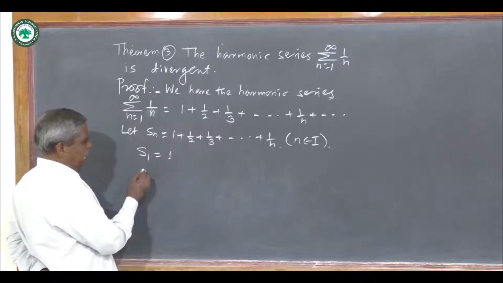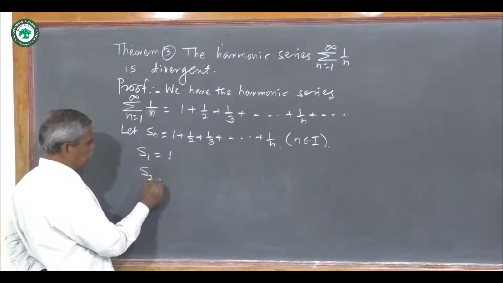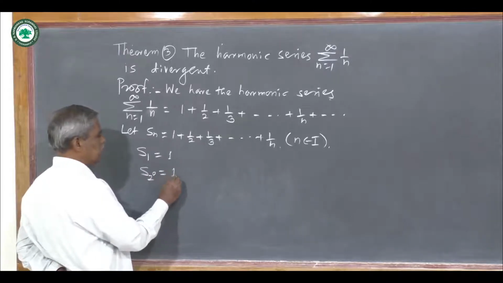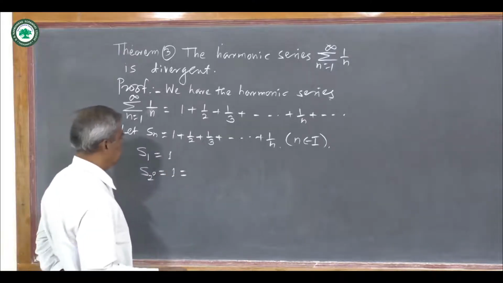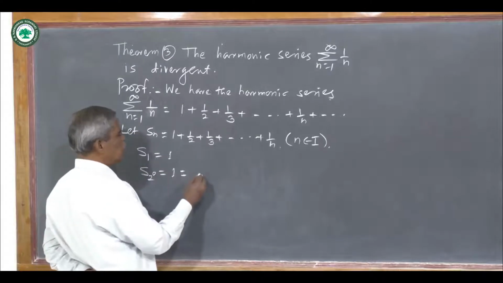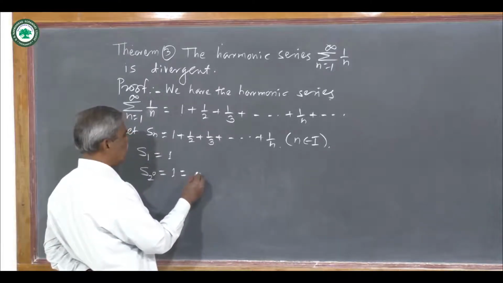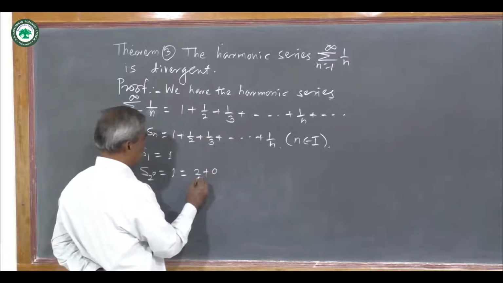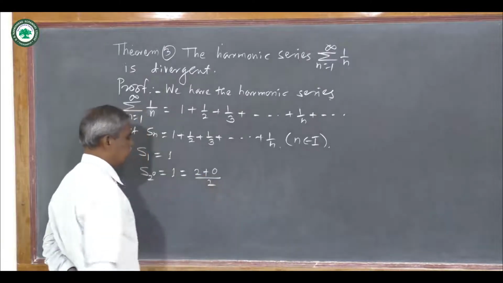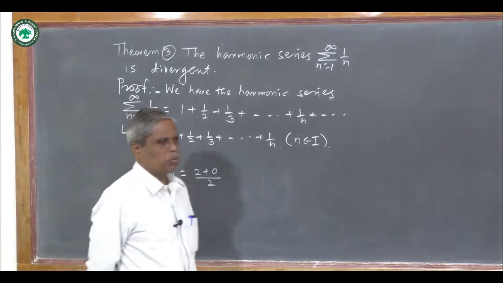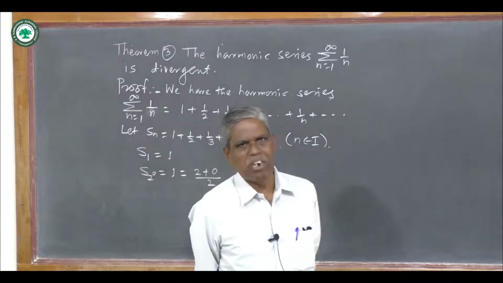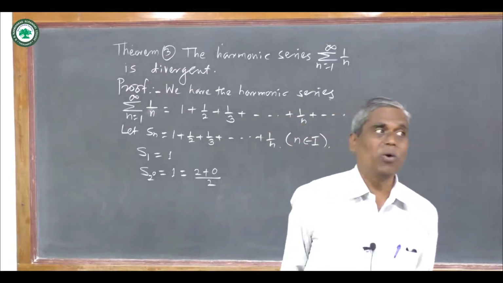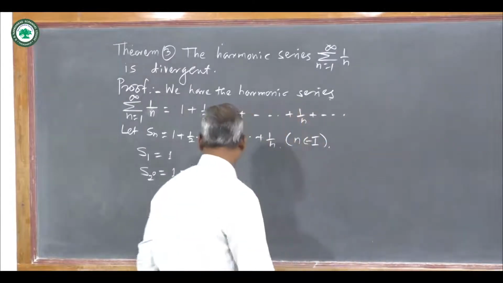S1 can be written as S suffix 2 raised to 0, which is equal to 1, which is equal to 2 plus 0 upon 2. That is, S1 is equal to 2 plus 0 upon 2.